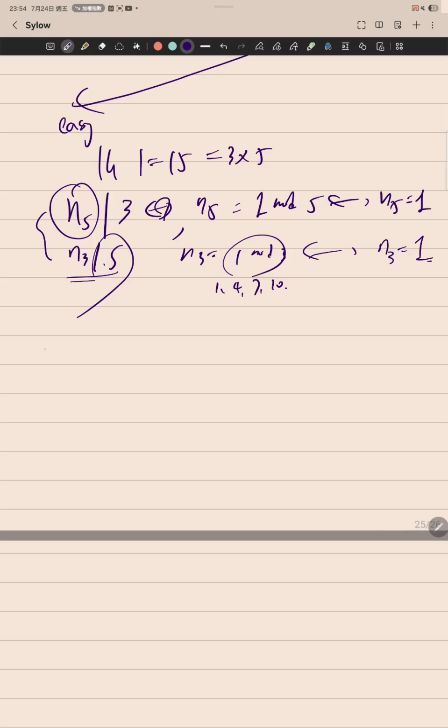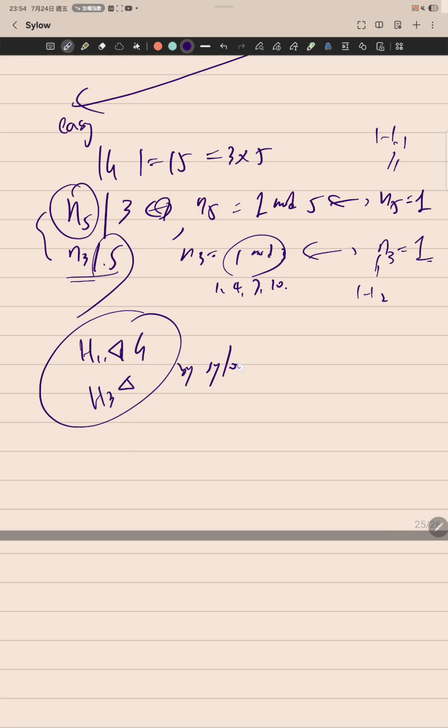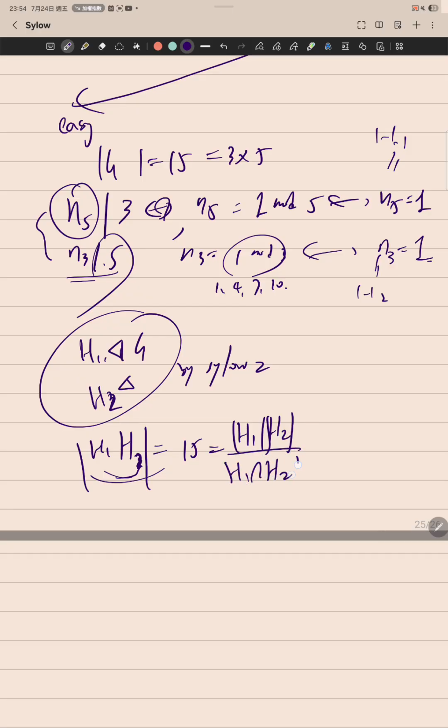Let's say this is H1 and this is H2. These are both normal in G by Sylow. Their product must be of order 15, because if you take two subgroups, the size of the product is H1 times H2 divided by their intersection.